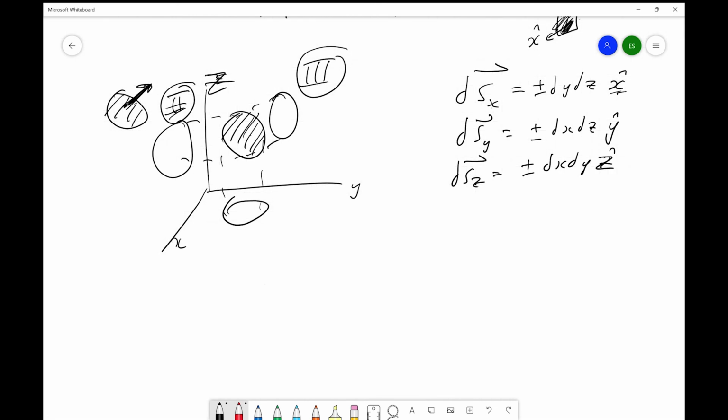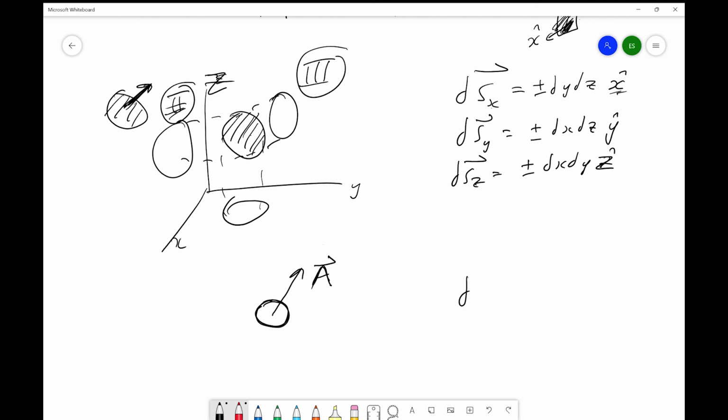If I have any general small area segment that has a random orientation, let's say it's oriented in the direction of a vector A, a general oriented surface can be represented as a vector.